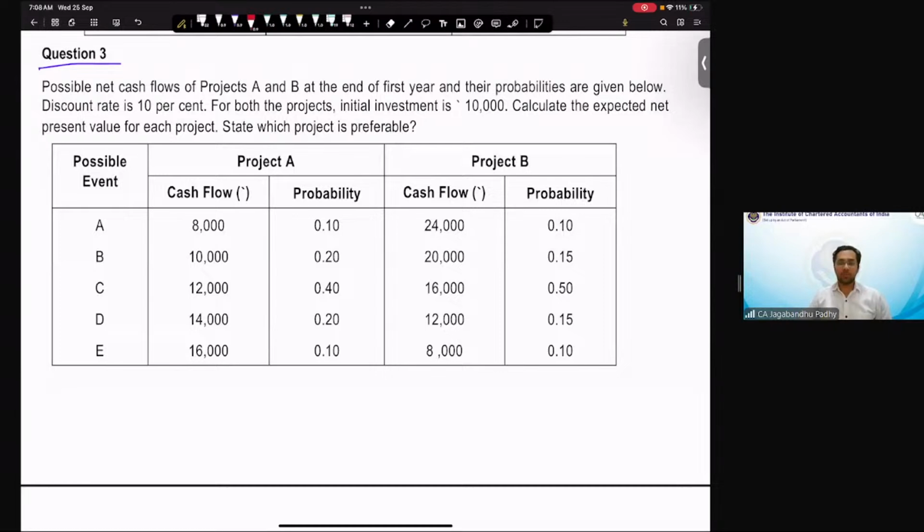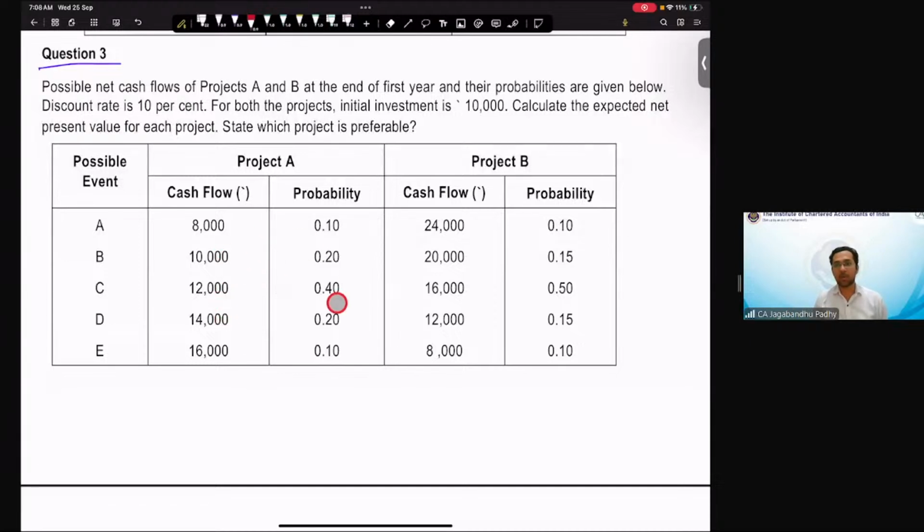Okay. So first, remember we have been given the cash flows and their respective probabilities. Using this probability distribution, can you tell me what expected value can be arrived at?